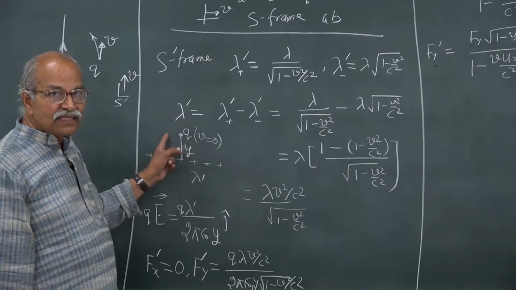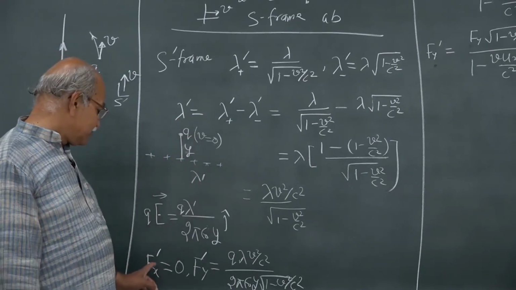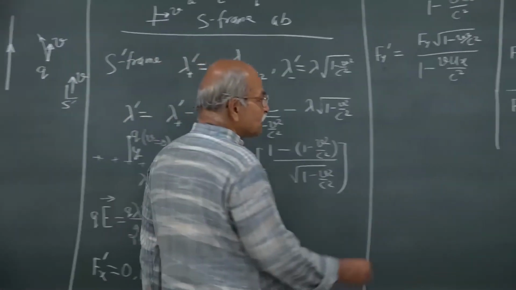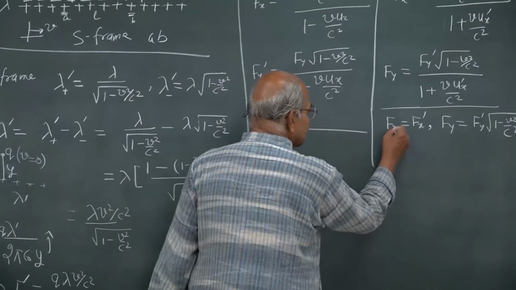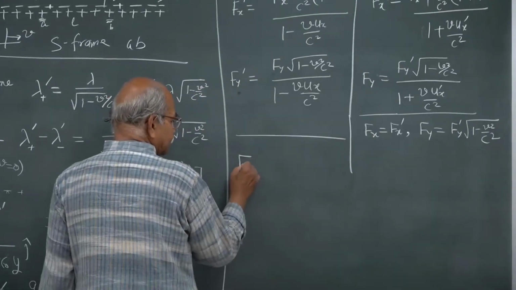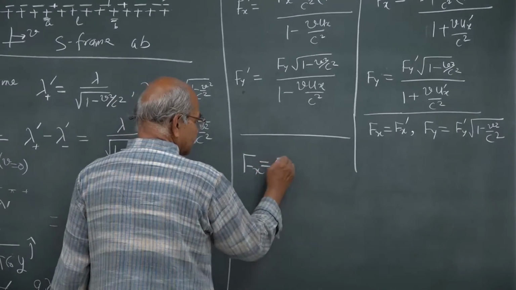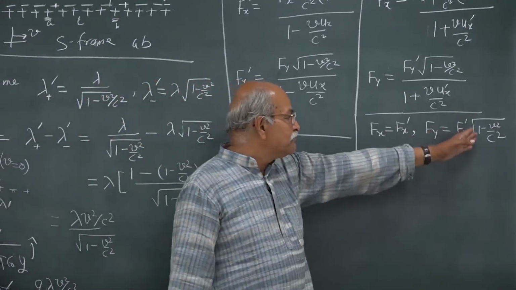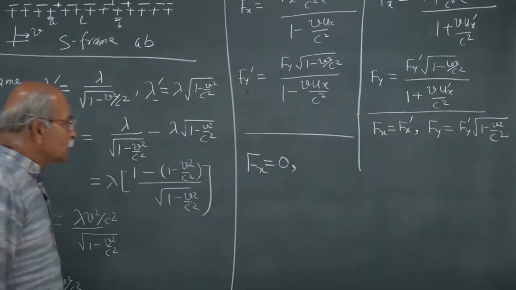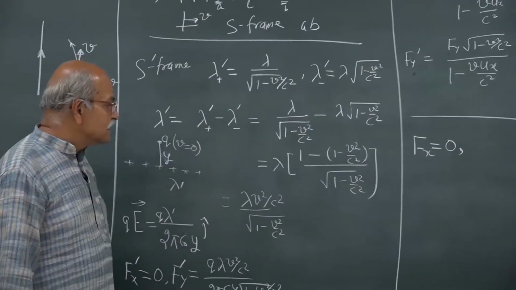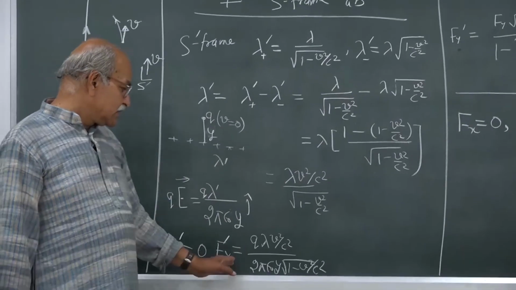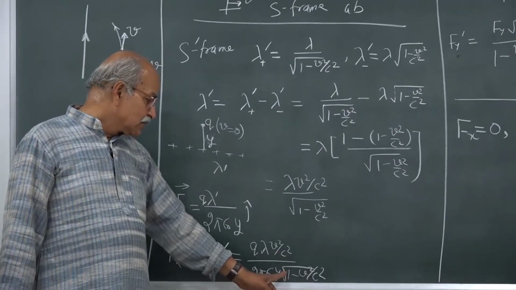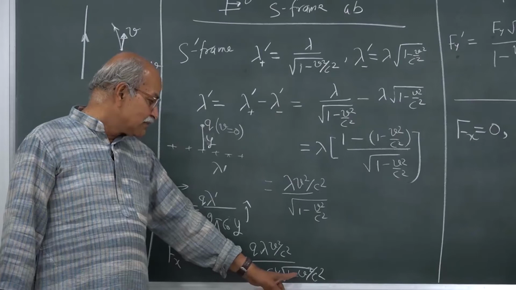So, no force in x direction, fx prime is 0, and therefore fx is 0. Then fy is fy prime multiplied by square root 1 minus v square by c square.